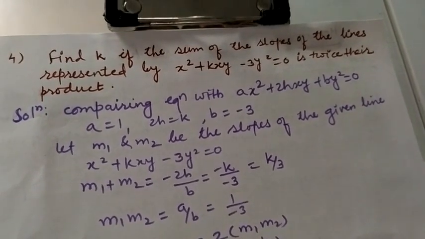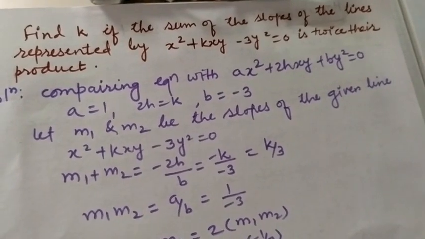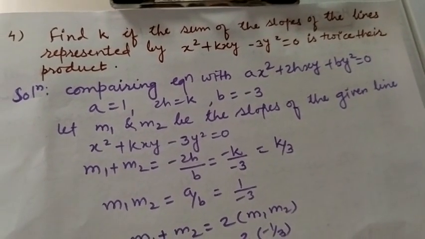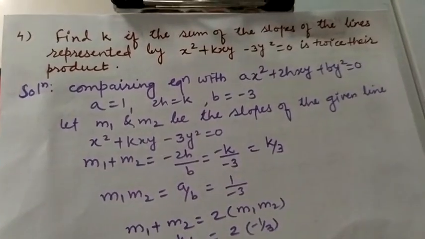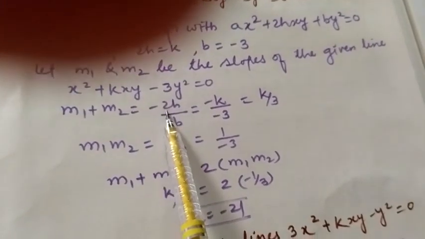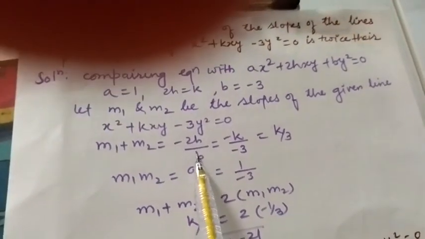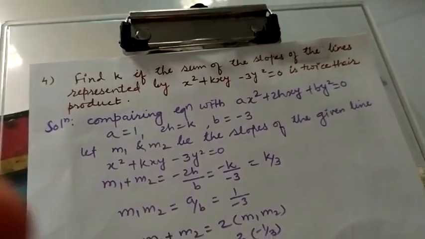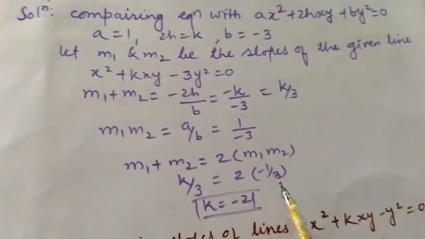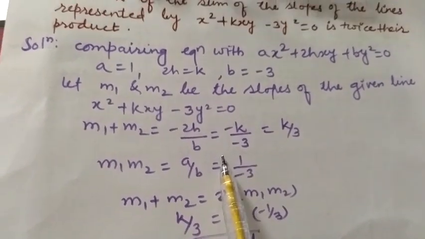What is the formula for the sum of the slopes? The sum, m1 + m2, is given by the formula −2h/b.